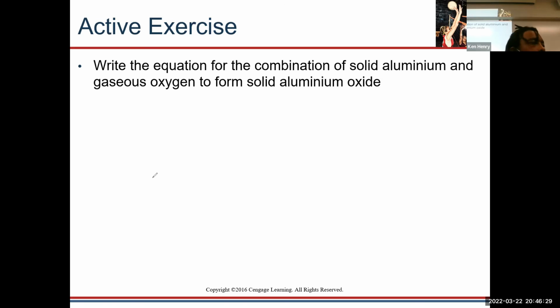Solid aluminum, what is the chemical formula for solid aluminum?